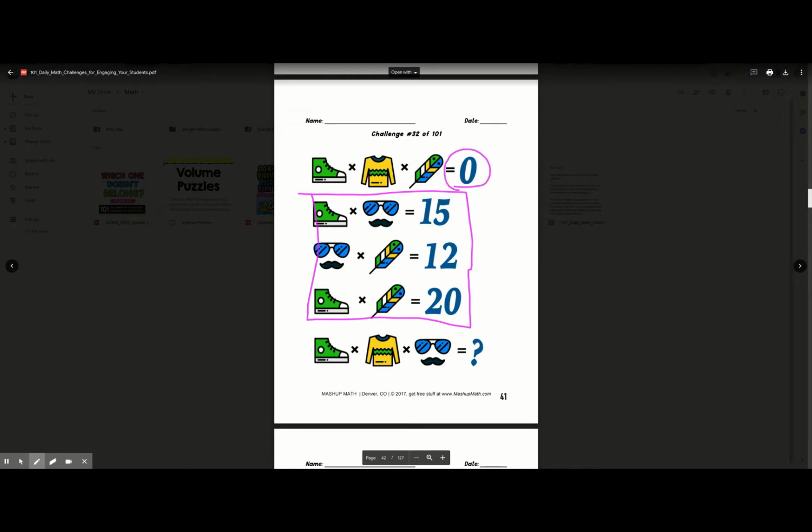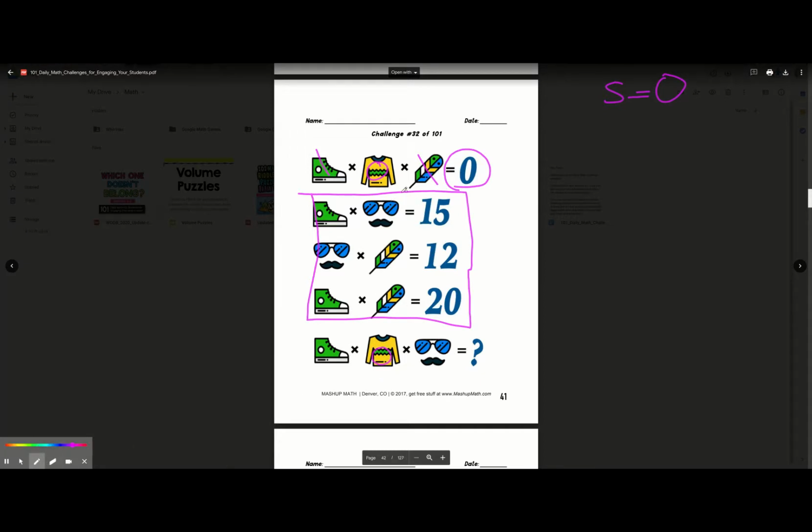So I know that one of these variables has to be 0, because anything times 0 will always equal 0. Going based on that knowledge, I look that the shoe and the feather are used here and none of those equal 0. So the shirt is the one that has to be 0. So shirt equals 0, so I'm going to change that to 0.